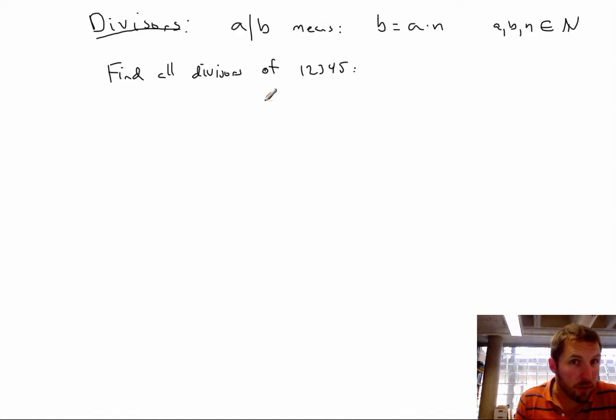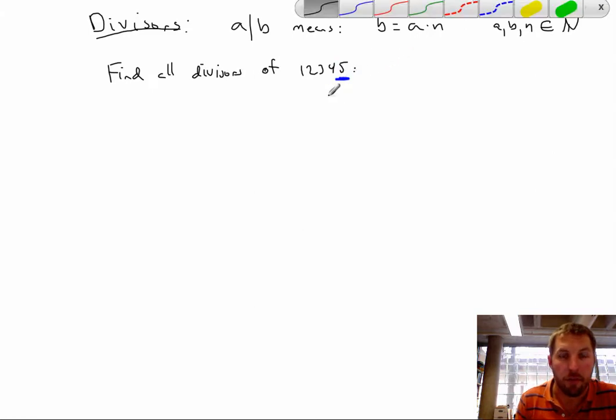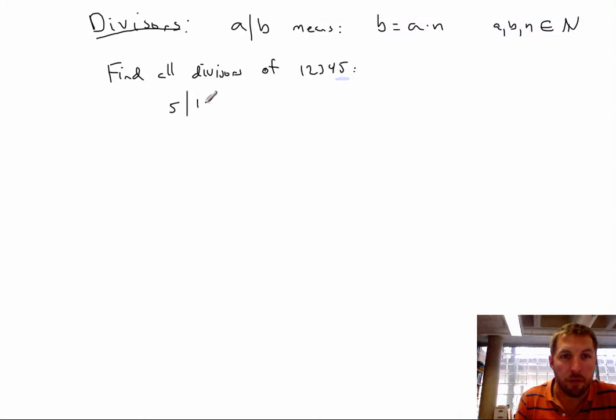You might know some tricks for knowing divisors. For example, this number here ends in a 5. So because it ends in a 5, we know that it is actually divisible by 5. So we can divide by 5. So 5 divides 12345.